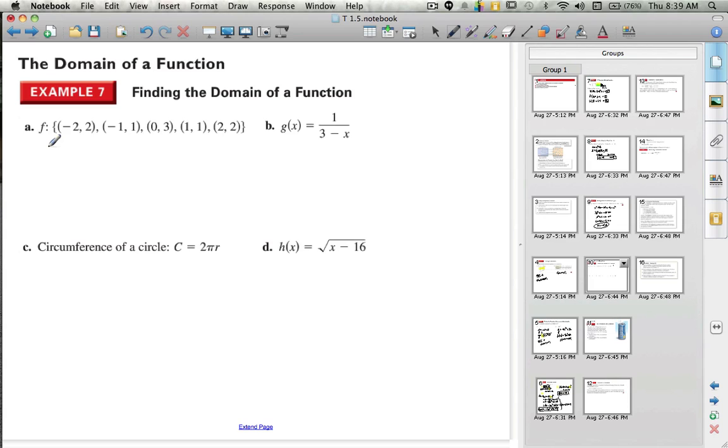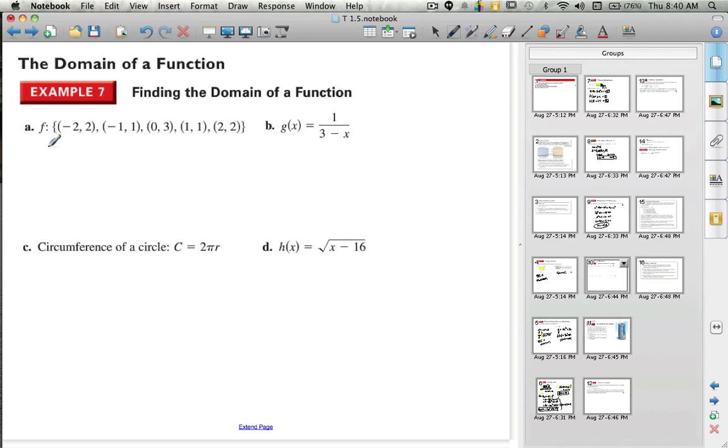Okay, so when we start talking about the domain of a function, we have an assumption. There is an implied domain when you start a problem, that the domain is the set of all real numbers, that there are no limitations on what I might choose for x. And as you work with the problem, there may be numbers that can't be used.